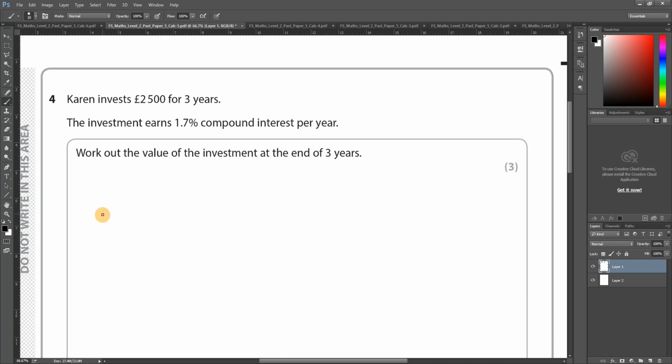And hopefully you know, the formula is your final value is equal to the initial amount, and you always times by open brackets, you always do 1 either plus or minus. So plus if it's increasing, like a bank account in this case, minus if it's decreasing, things like if you buy a car, for example, it goes down in value.